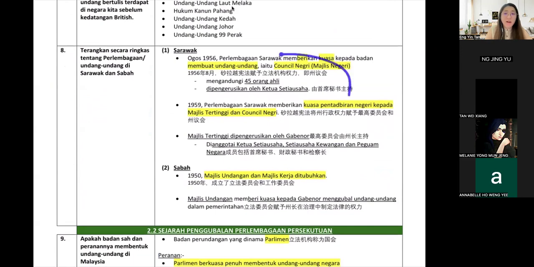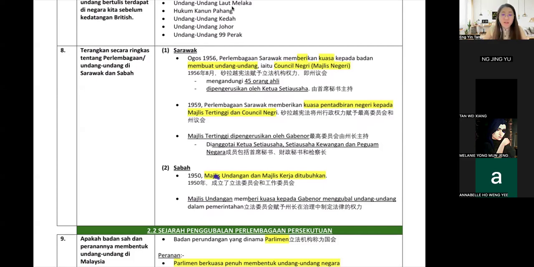Then you talk about Sarawak, how they create the law. This one you can read through on your own. But you need to be careful with the councils, which is the meeting group. So they're basically telling you who creates the law, I mean, who creates the undang-undang British. British last time gave them the power to set their own rules. So they have their own state government councils, Majlis Tertinggi.